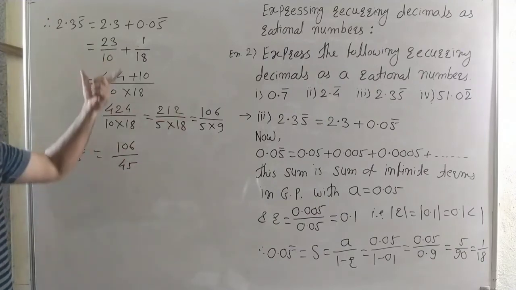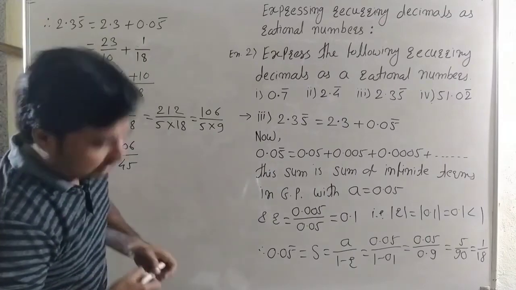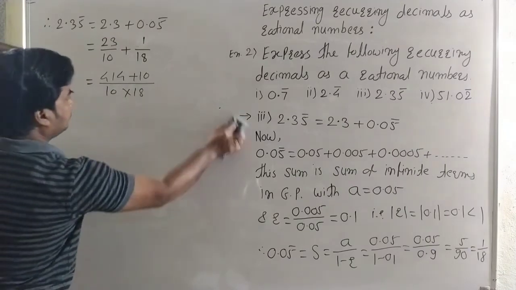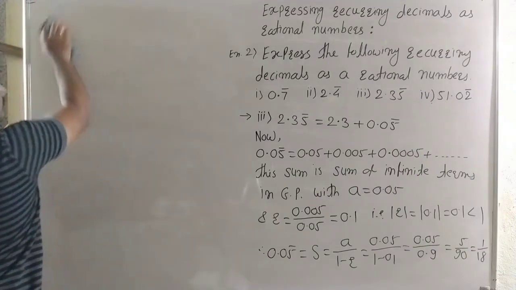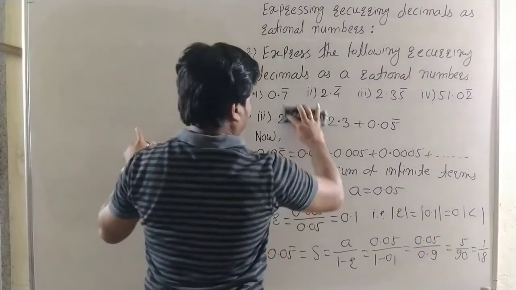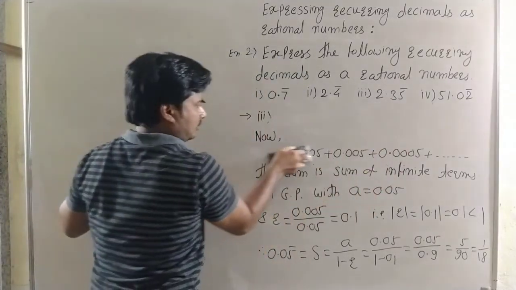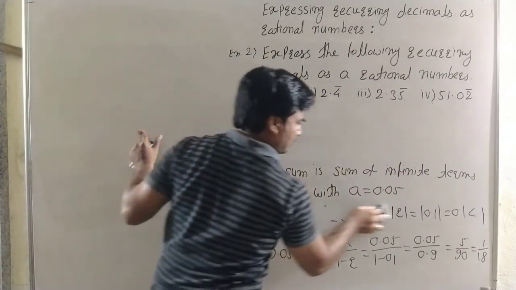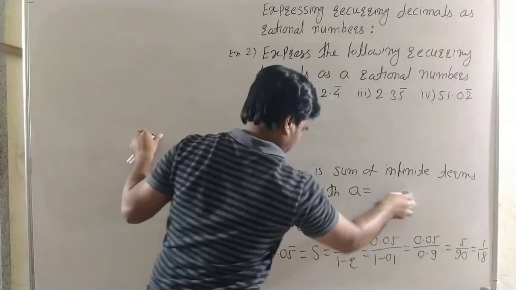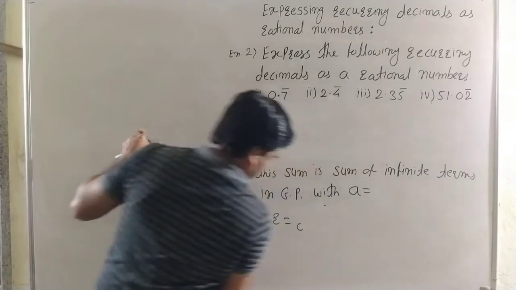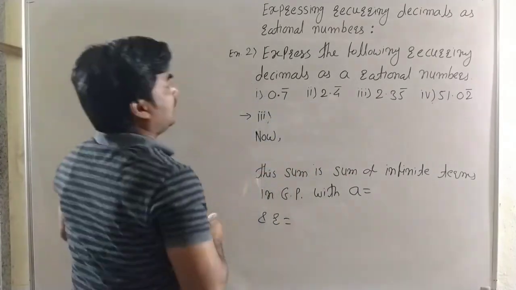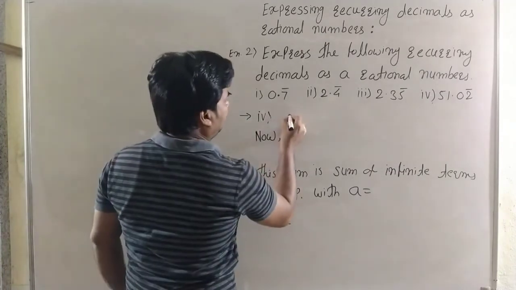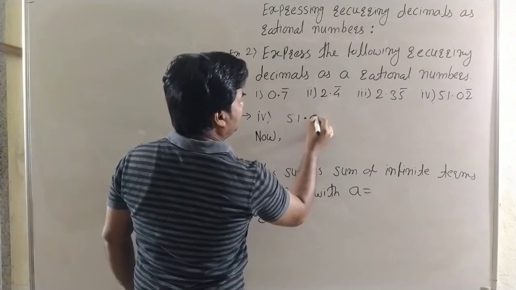See carefully all the calculation. Now we see the last, example number 4, 51.02 bar.